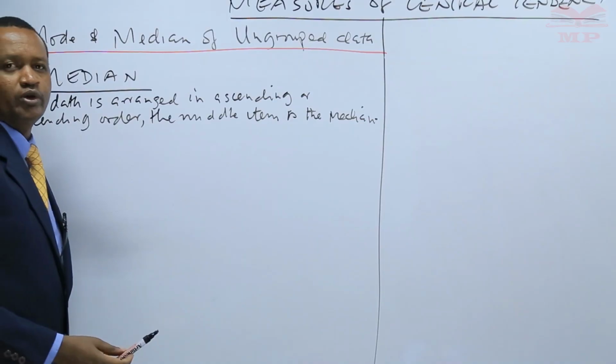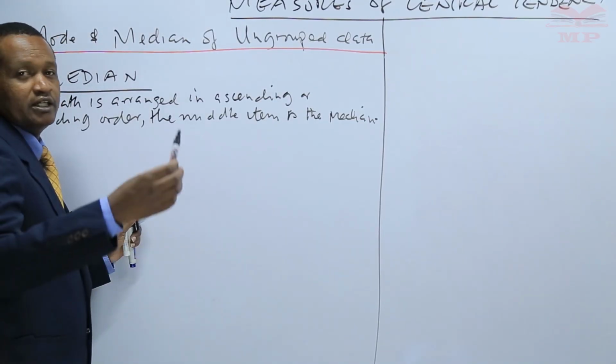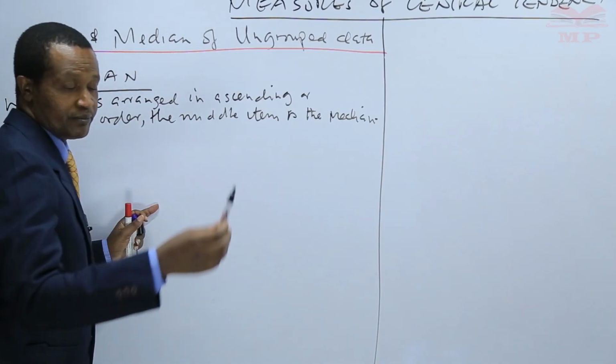But how about where the number of items is an even number?